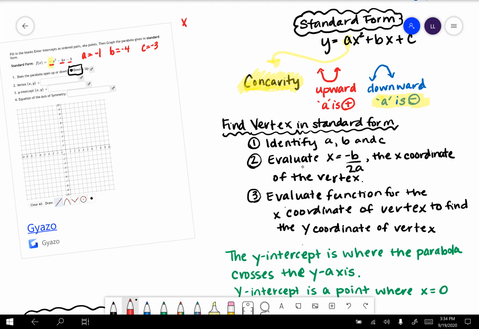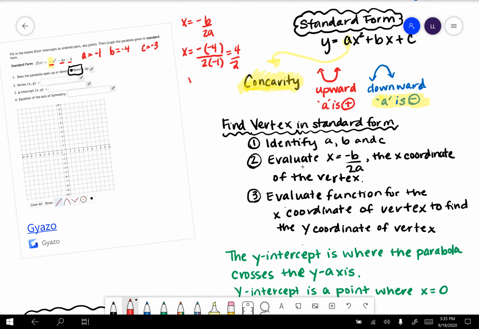So x is equal to negative b over 2a. So x is equal to negative, and we're going to replace the b with negative 4, over 2a. We're going to replace the a with negative 1. A negative times a negative 4 gives me a positive 4. 2 times negative 1 gives me a negative 2.